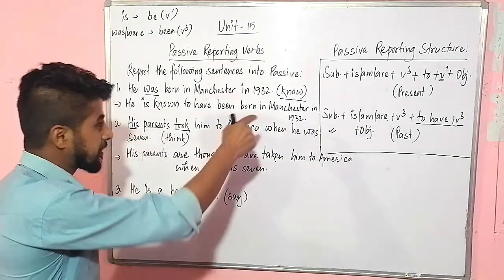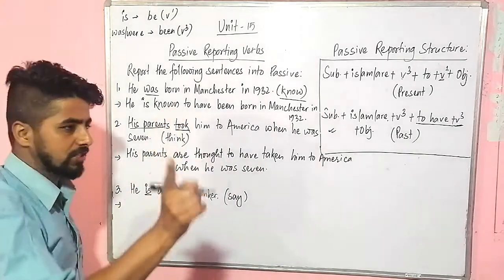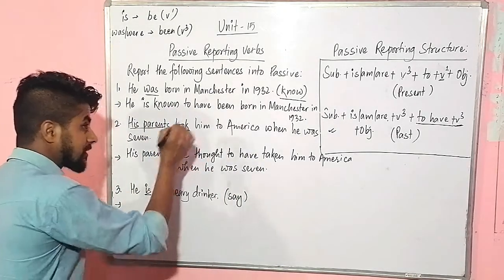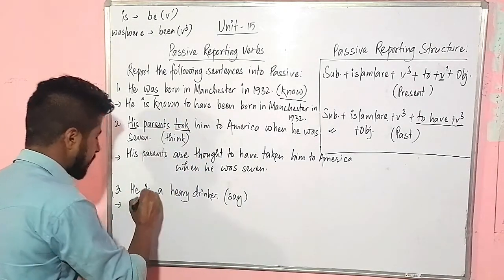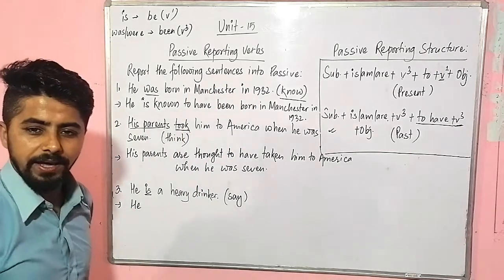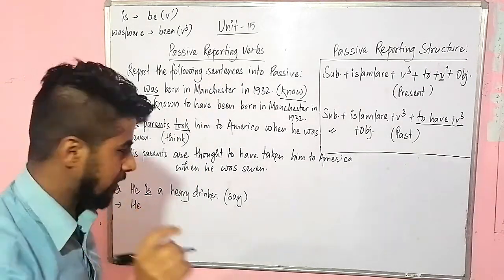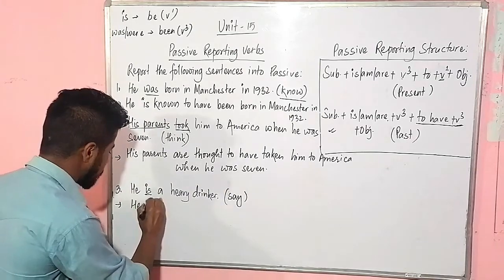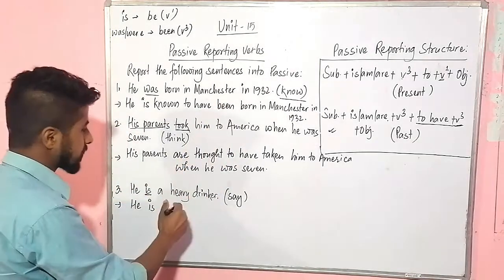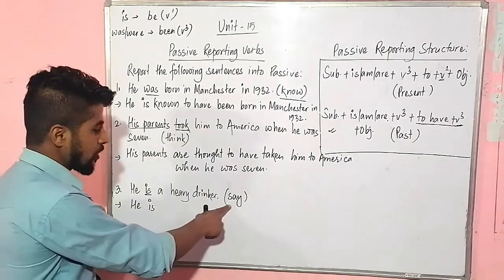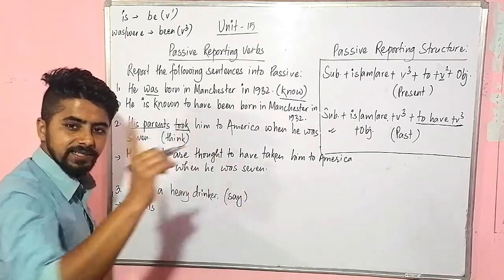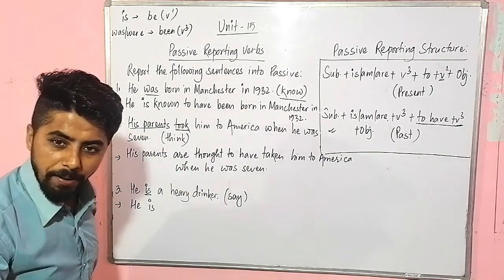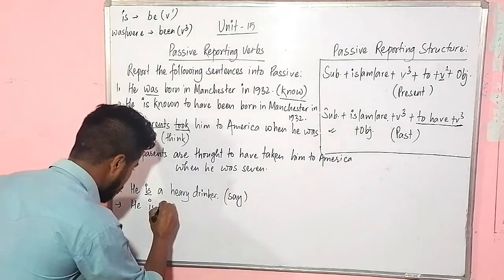So for present tense, let's use the first structure. Subject at the starting, he is the subject given here. After that, it will be followed by is or am or are. So he, of course, takes is. Then after that, V3 should be used here. What is the verb given in the bracket? Say. So what is the third form of say? Said. He is said.